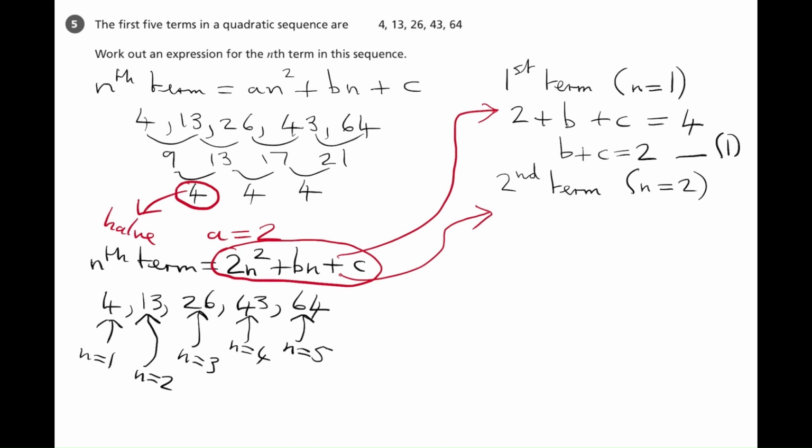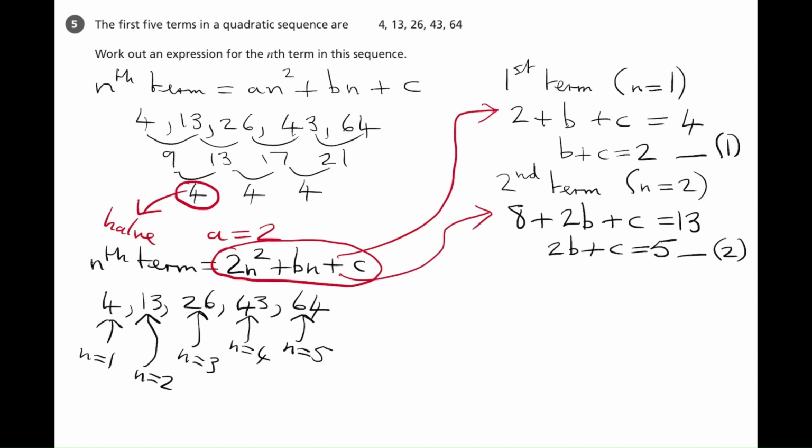So we have 2 multiplied by 2 squared, which is 2 multiplied by 4, which is 8, plus bn, which is b multiplied by 2, which is 2b, plus c. And this gives you the second term, which we can see is 13. So we subtract 8 from both sides, and we have 2b plus c is equal to 5. And we'll refer to this as equation 2.